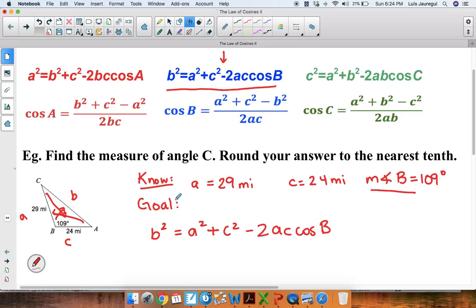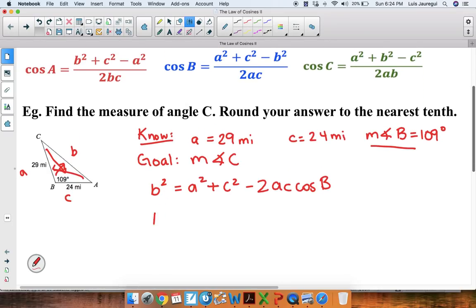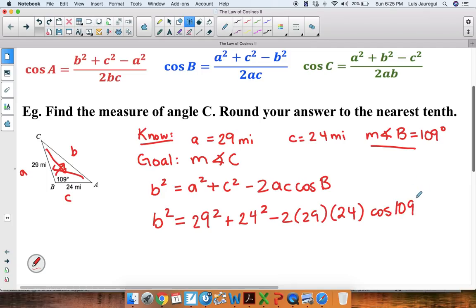Our goal is to find the measure of angle C. Looking at this equation, we can start to substitute in the information. b squared stays the same because we don't know what b is yet, but we do know that a is 29, so a squared is 29 squared, plus c squared, which is 24 squared, minus 2 times a, which is 29, times c, which is 24, times the cosine of B, which measures 109 degrees. So we have the cosine of 109 degrees.